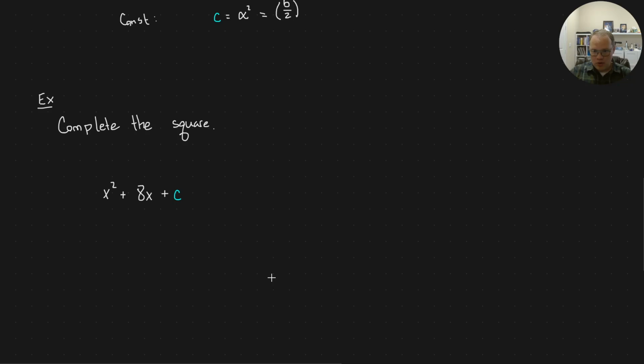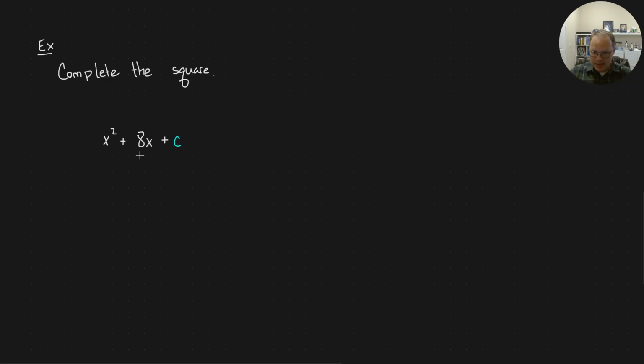So my b here is this 8. So c is going to be (8 over 2) squared, which is 16. So x squared plus 8x plus 16 should factor perfectly.